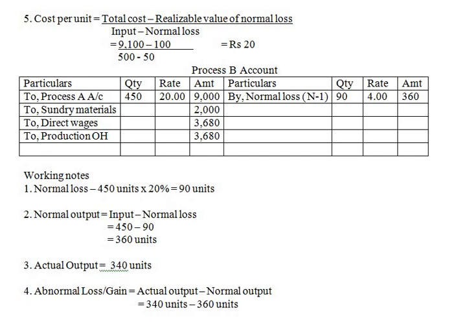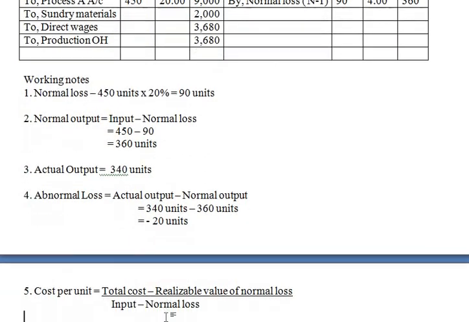It means actual output is less than the normal output. When actual output is less than the normal output, there will be abnormal loss of 20 units. Hope so everybody has understood. If actual output is less than the normal output, then there will be abnormal loss. Suppose if actual output is more than the normal output, it means there will be abnormal gain. Now in this problem there is abnormal loss.